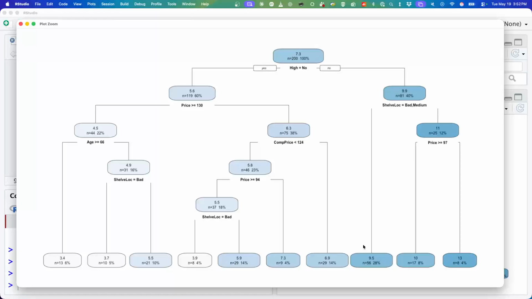It says actually it's whether or not it's placed high on the shelf, yes or no. And then the shelf location, bad or medium, then the price. On the left-hand side, price is the next one, then it splits by age and so on and so forth, right? So you get the point. So the resulting tree from the continuous version is slightly different.